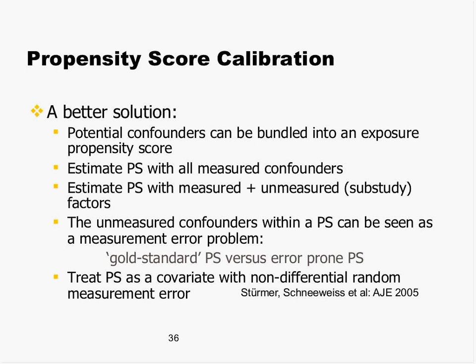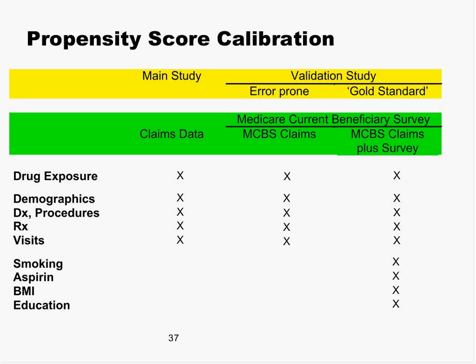Okay? And these unmeasured confounders within a propensity score can be seen as a measurement error problem. Now, so you have a propensity score with an error problem, the gold standard propensity score, right, where you have added that additional information, versus an error-prone propensity score where you know you're missing some information, right? And if you treat that as a non-differential measurement error problem, you can use this propensity score.